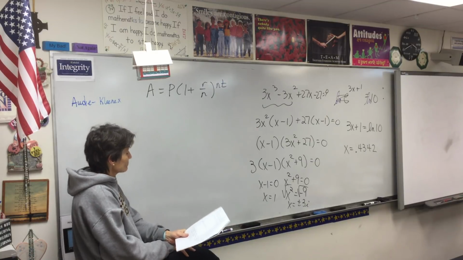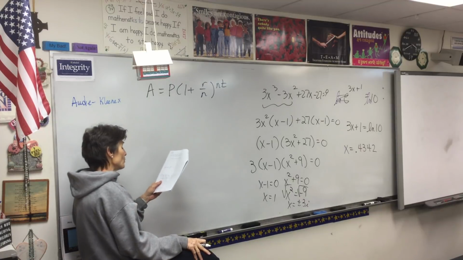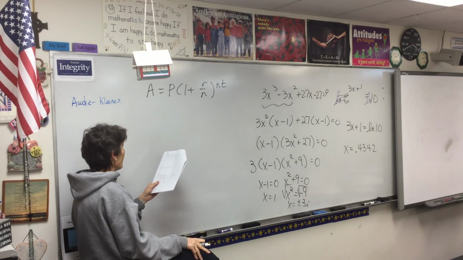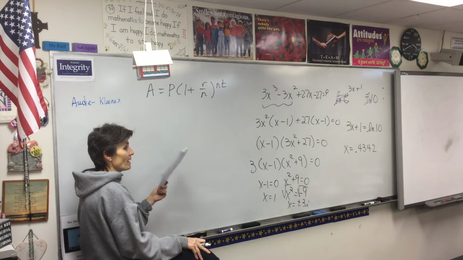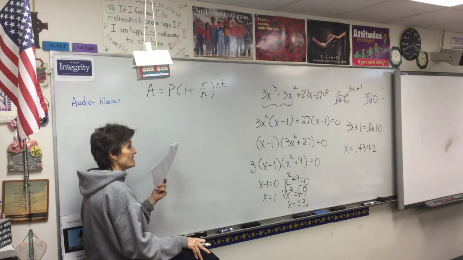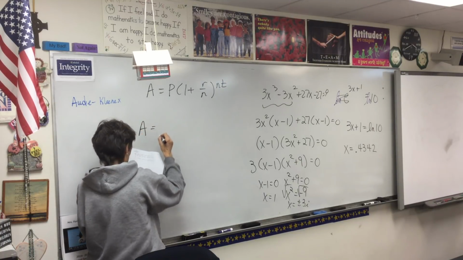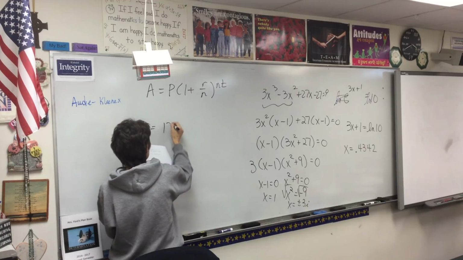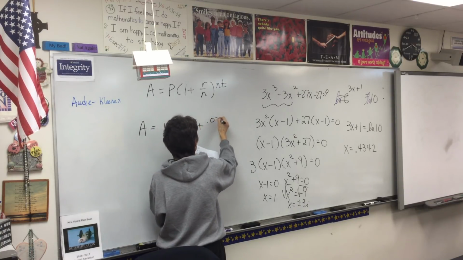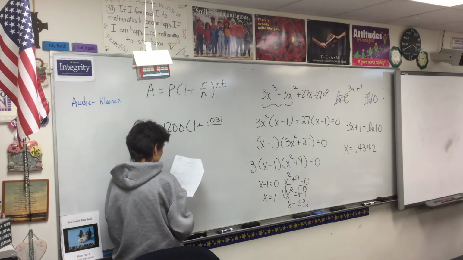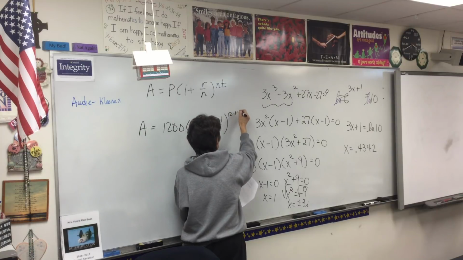Okay, here we go. To the nearest dollar, find the amount you would have from investing $1,200 at 3.1% compounded monthly for 10 years. So, find the amount if you invested $1,200 at 3.1 interest rate, compounded monthly for 10 years.